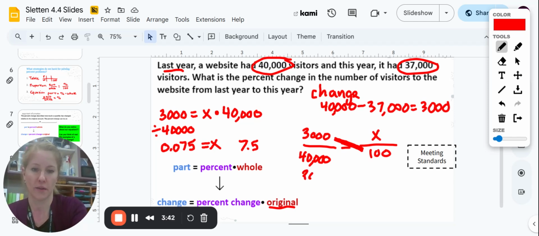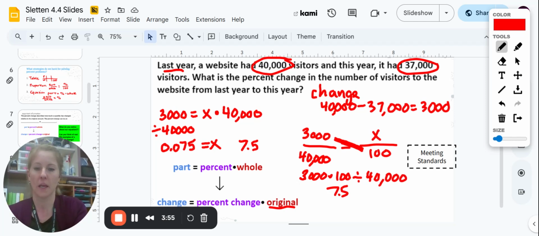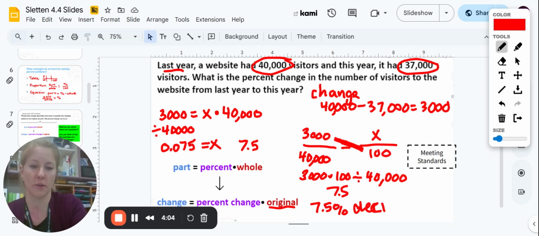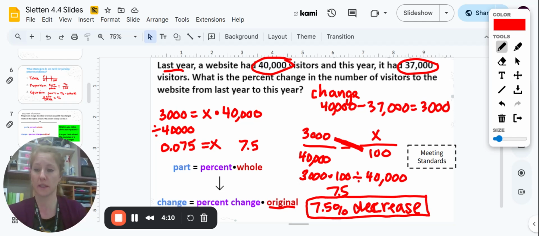So it'd be 3,000 times 100, and then we divide it by the number with x, 40,000, and we would get 7.5. So either way, you can see we would get a 7.5% decrease. And I want you to label it 7.5% decrease. Whether it's an increase or a decrease, you should label what it is.